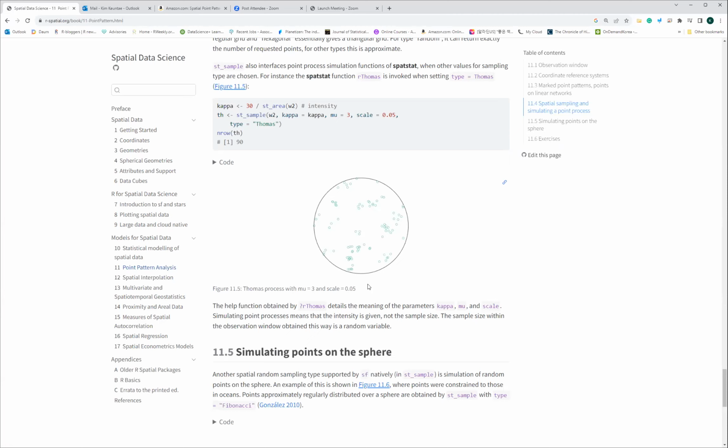But this one, I don't know why others actually explained this one, because this one is not commonly used, because this is a totally hypothetical sampling process. So we usually do not use this one.